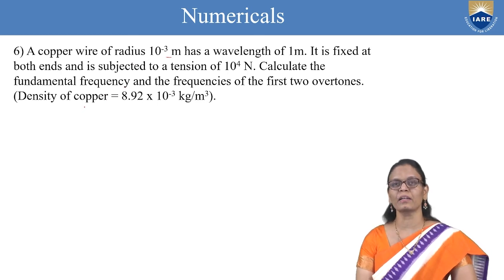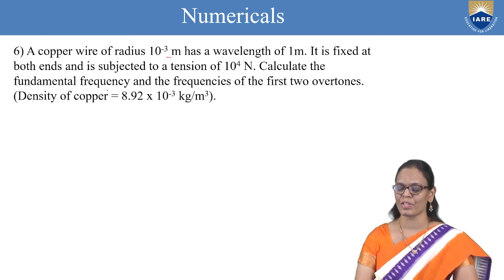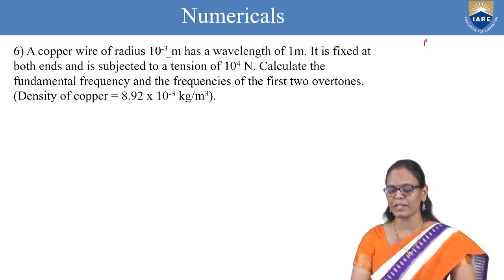Before proceeding, what I want to tell you is whatever we have discussed regarding the fundamental frequency, the harmonics and the overtones. We have already discussed harmonics. So if you say the fundamental, the fundamental is the first harmonic N1.